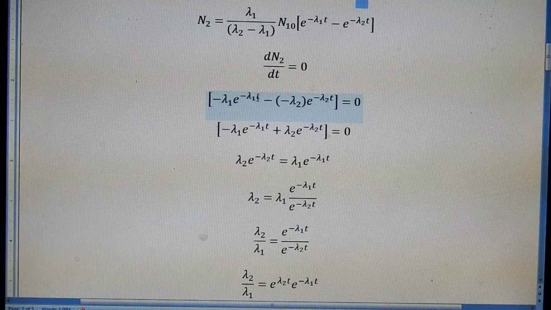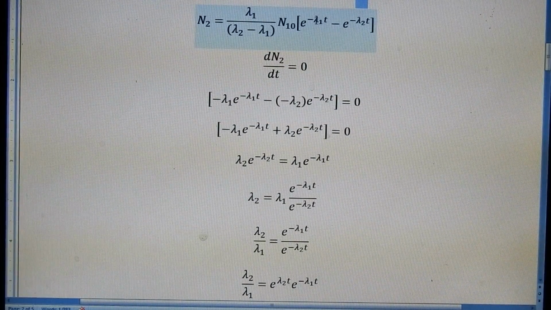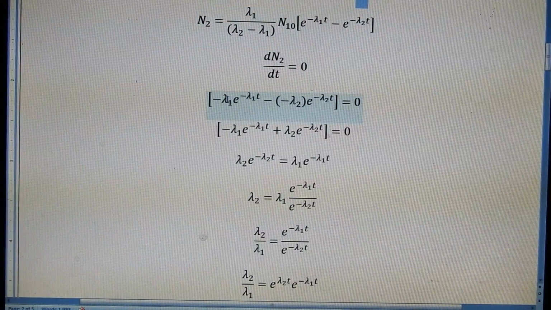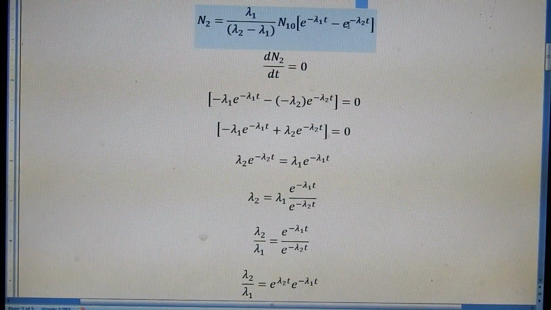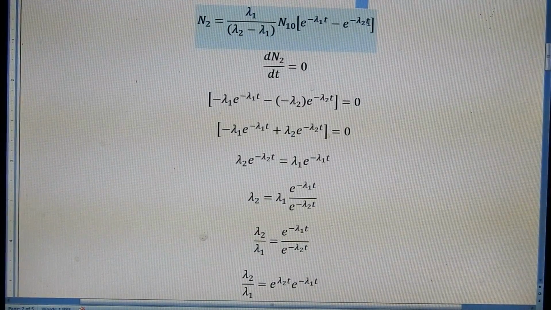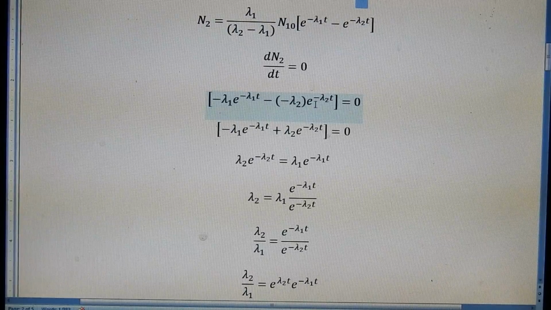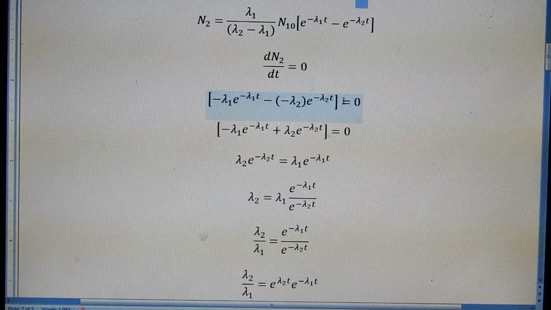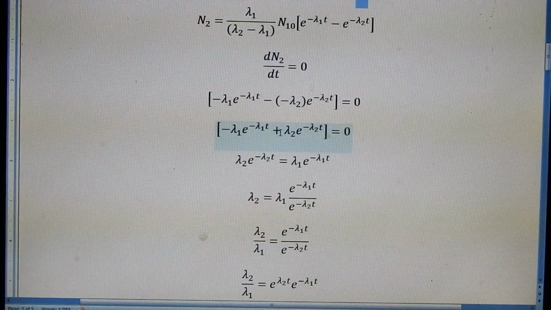The differentiation of this gives minus lambda 1, and the differentiation of e power of minus lambda 2t gives minus lambda 2 e power of minus lambda 2t, equal to 0. Minus into minus gives plus, as written here.